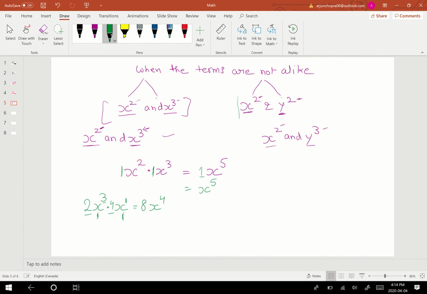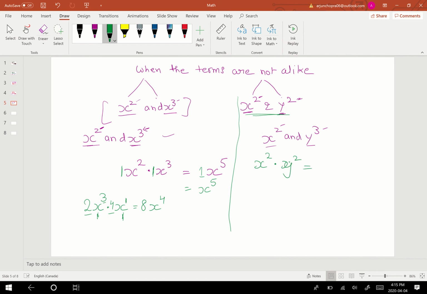Now the second condition which we've talked about earlier is when the terms are not alike, in which the bases are not the same and the exponents are not the same either. So x raised to the power 2 multiplied by y raised to the power 2. How to solve this?